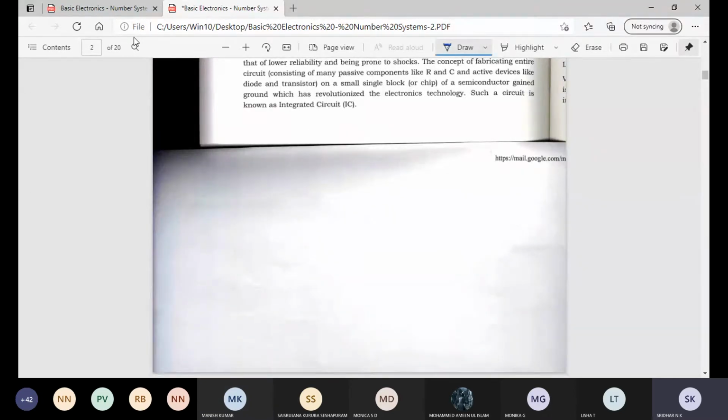First we'll start with the first conversion, that is decimal to binary.